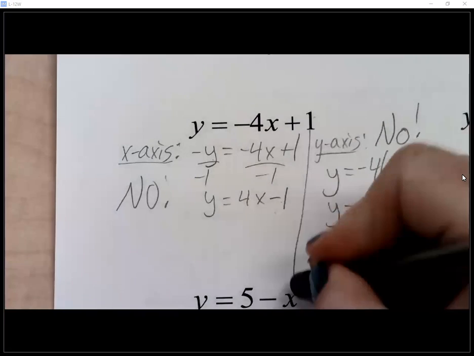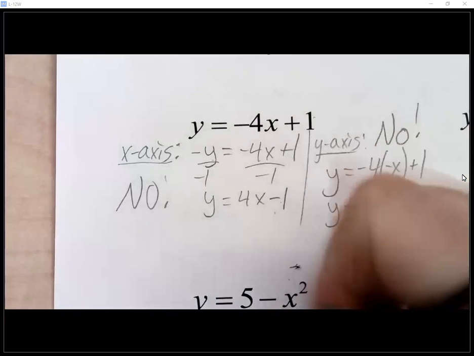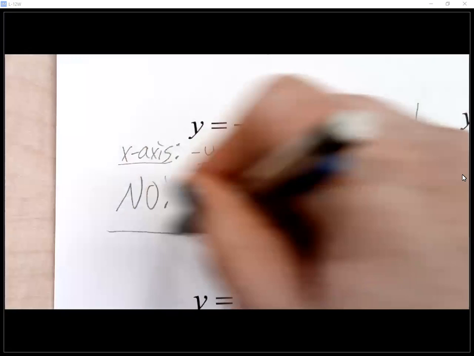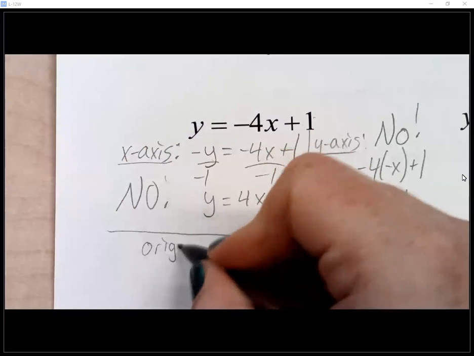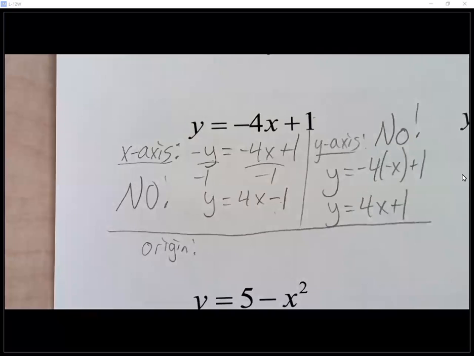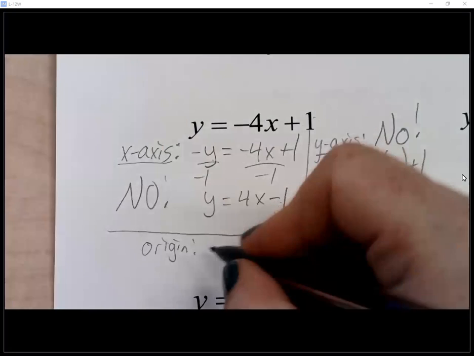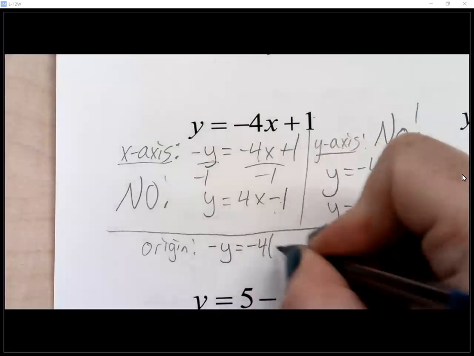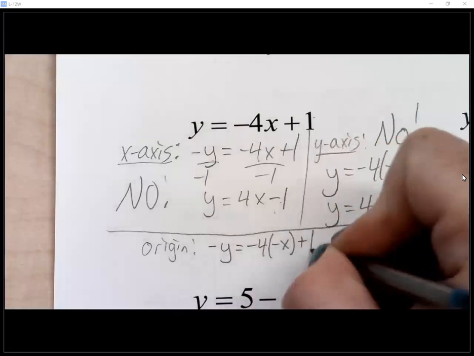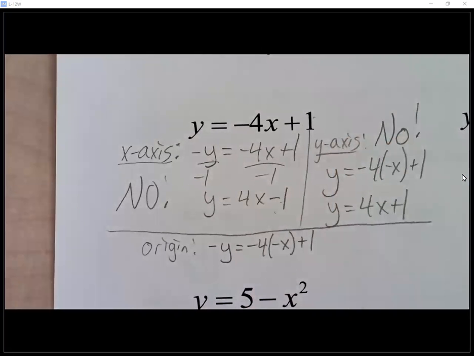And I'll see if I can squeeze it down here, see if I have symmetry about the origin. And how do I test that again? Yes, do negative y and a negative x. Now let's simplify this equation and see if it comes out to match the original.